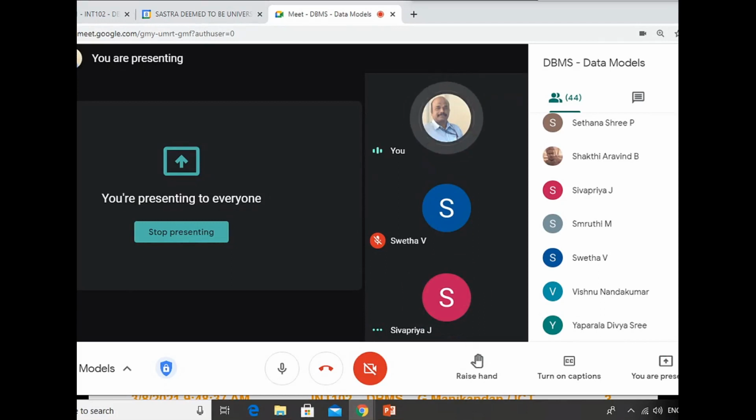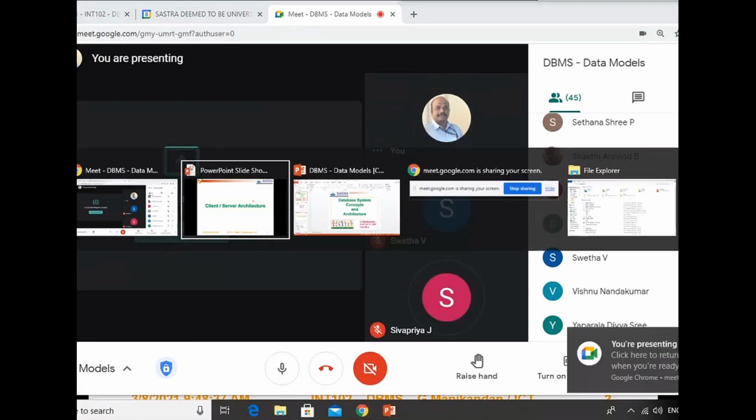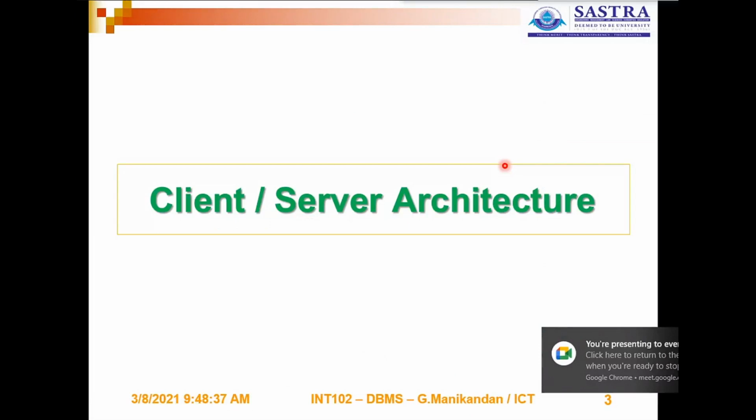Okay. So your client server is an example for a centralized scenario or a distributed scenario? I don't know, sir. Okay, right. Thank you, Shweta. Okay.